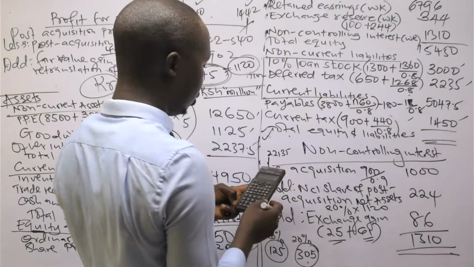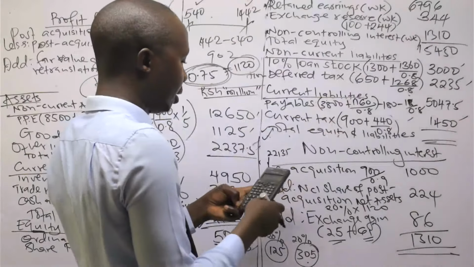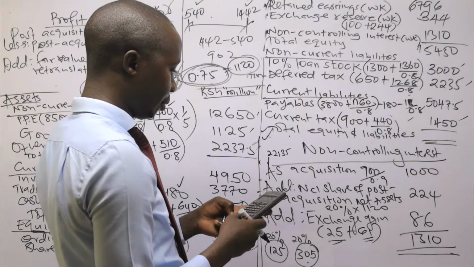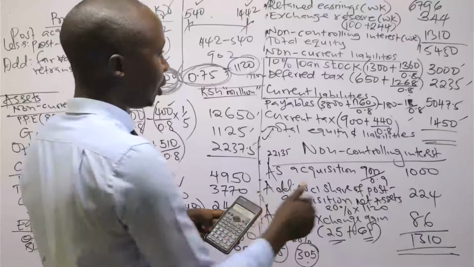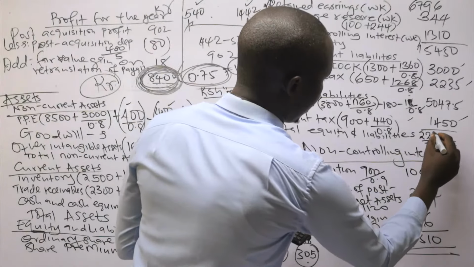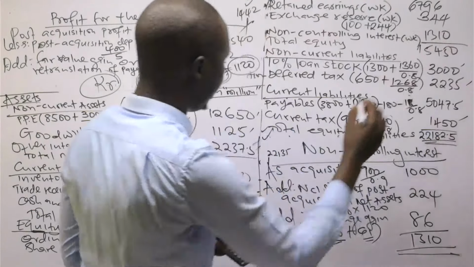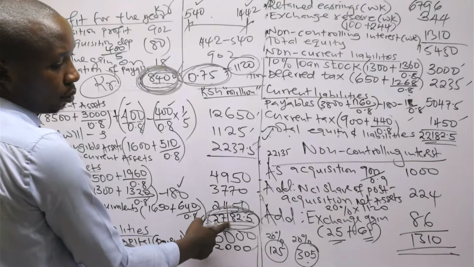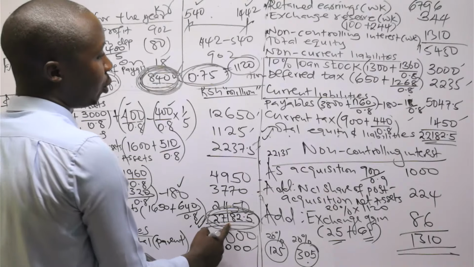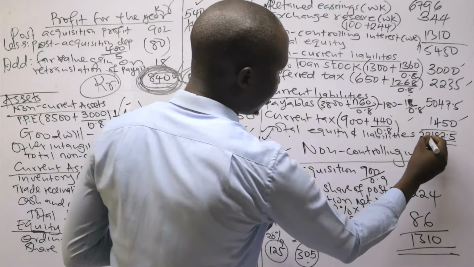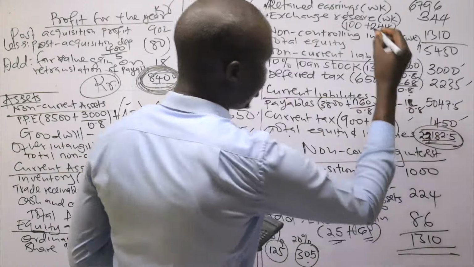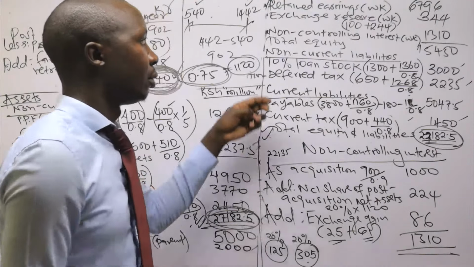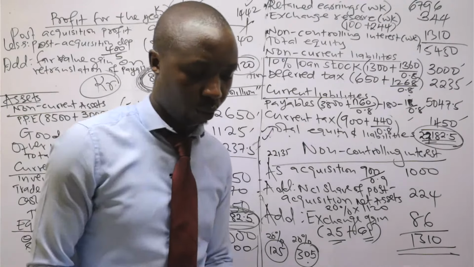So if I add to the other total value of the assets, which I was getting this value, I would be able to get 27,182.5, which is the same as this. 27,182.5. 27, not 22. So that is how you were supposed to do this question number 2.